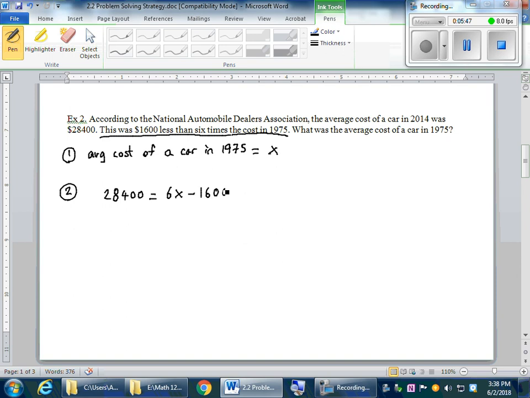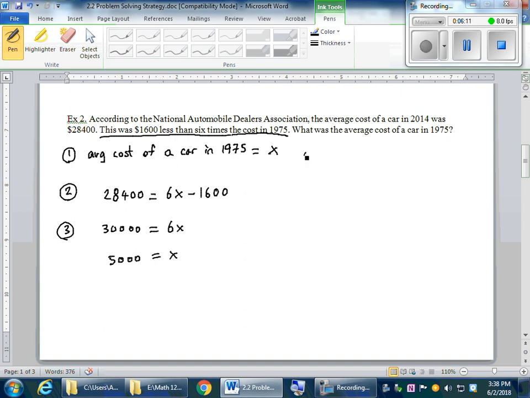So now, from here, we can basically solve the linear equation, which is add 1,600 to both sides. That will become 30,000. Then you divide by 6 on both sides, which will become 5,000.